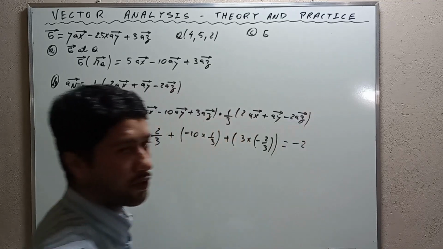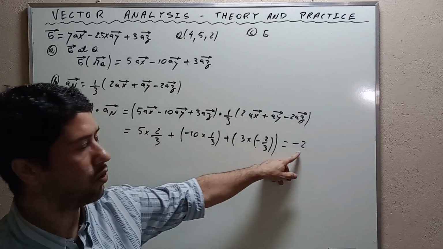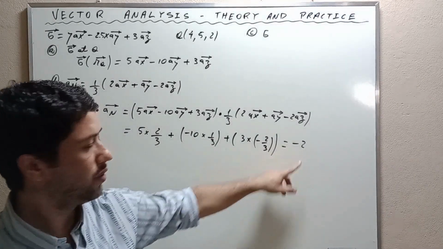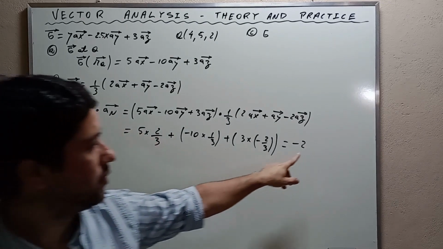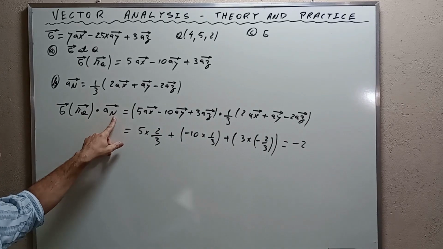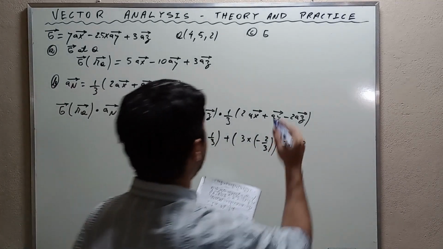This is the scalar component, okay? This is the result of this dot product. If we multiply this by this, we have the vector component, okay?